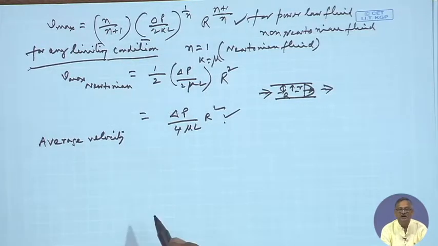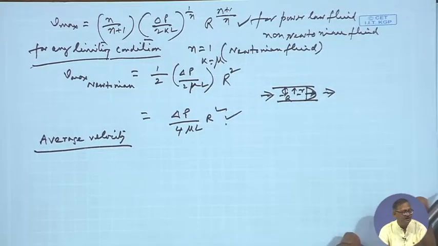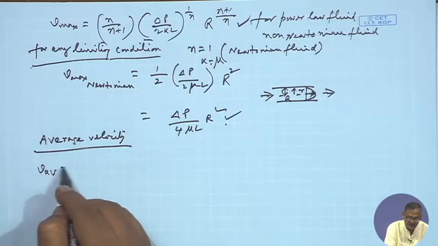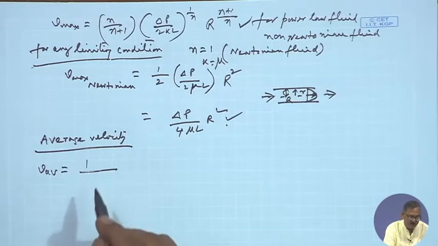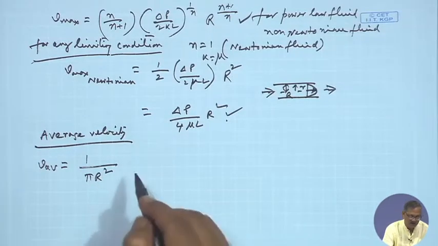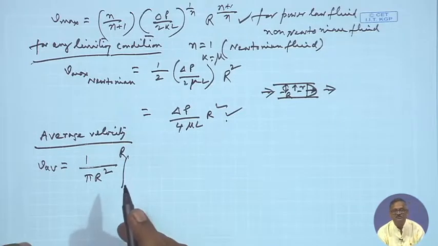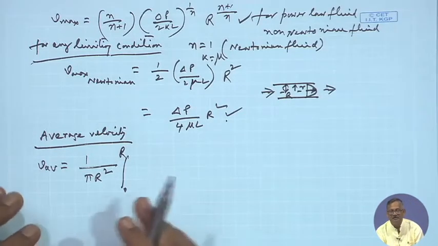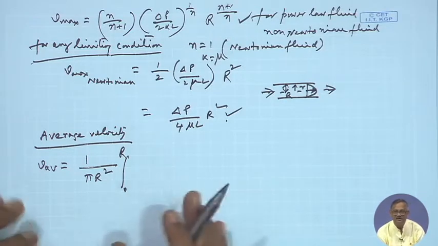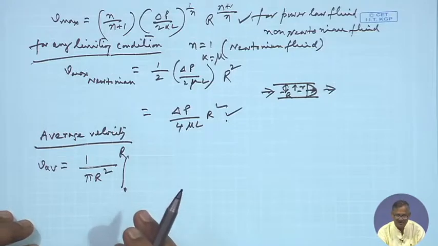Now, average, if you remember, we had said that for average velocity you need 1 by area, that is pi R square, and 0 to R. So, we had shown earlier a number of times how area and velocity are both together coming into the picture.